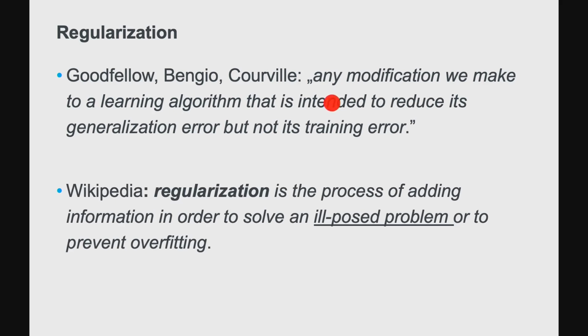Wikipedia says, and I also like this definition, regularization is the process of adding information in order to solve an ill-posed problem or to prevent overfitting. Do you know the term ill-posed problem? Yeah? It basically means that there is not a clear solution for this problem. And even if there was, you may have a hard time to find it.